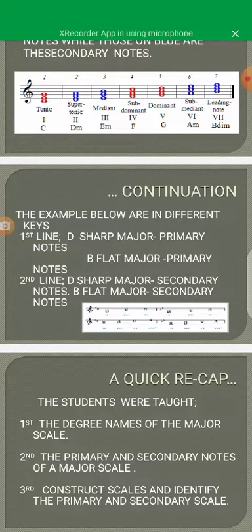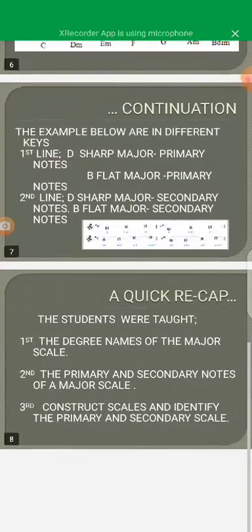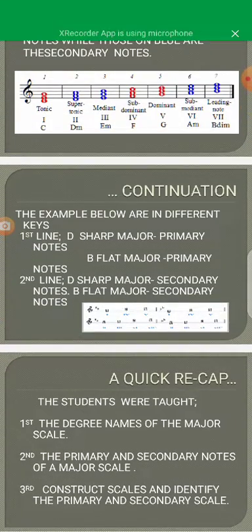Okay, I want to believe you followed me all the way. So let's have a quick recap of what we just did. I taught you the degree names of the major scales.